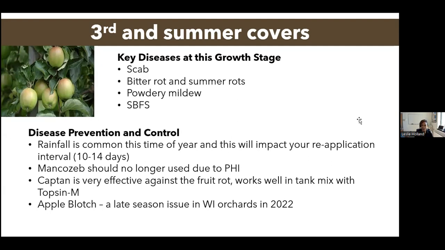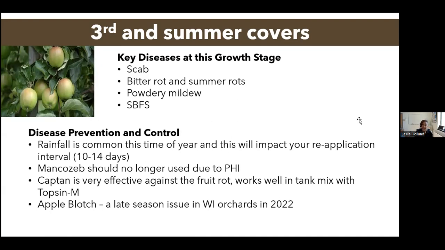One other thing I will mention that we experienced here in Wisconsin last season, that it sounds like other folks were observing, I know a couple folks in Minnesota as well, was apple blotch, which I think formerly was called maybe Marssonina, or went under a different name, but apple blotch, no matter, was something that we encountered here towards the end of last season.